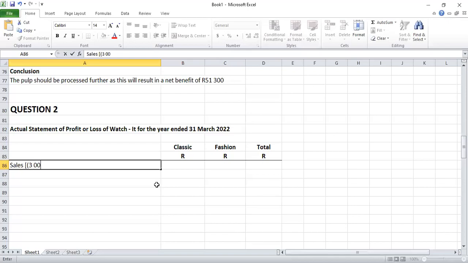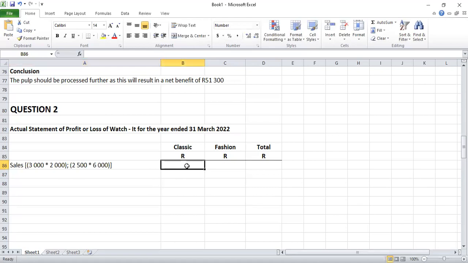So we'd say 3,000 multiplied by 2,000. Then the other one, 2,500 multiplied by 6,000. My friends, the 3,000 and the 2,500 are the selling prices, and the 2,000 and the 6,000 are the quantities. Can you calculate what we get there?